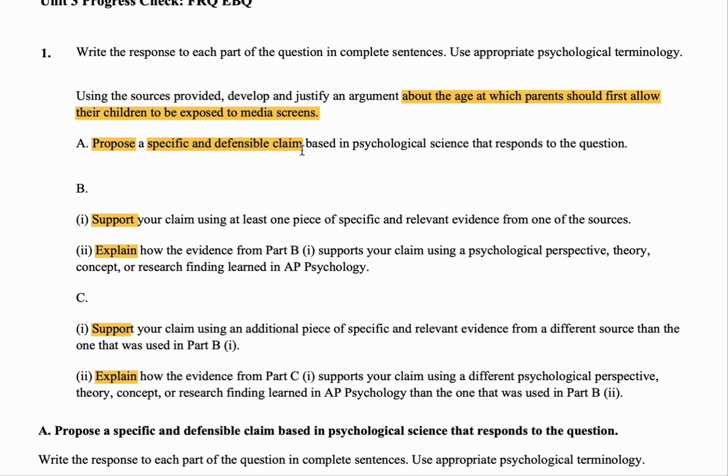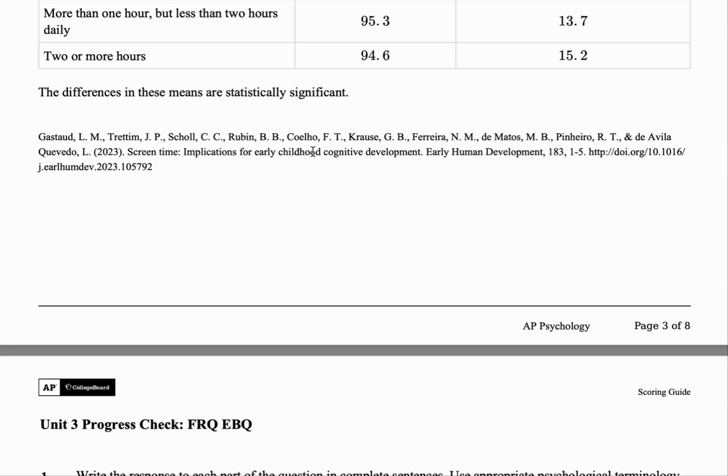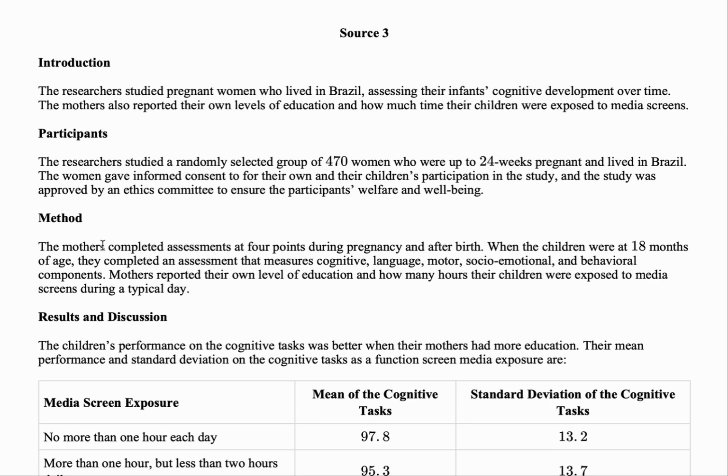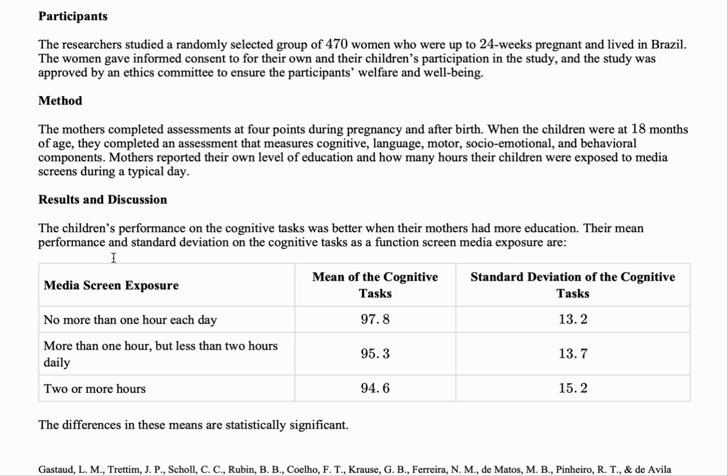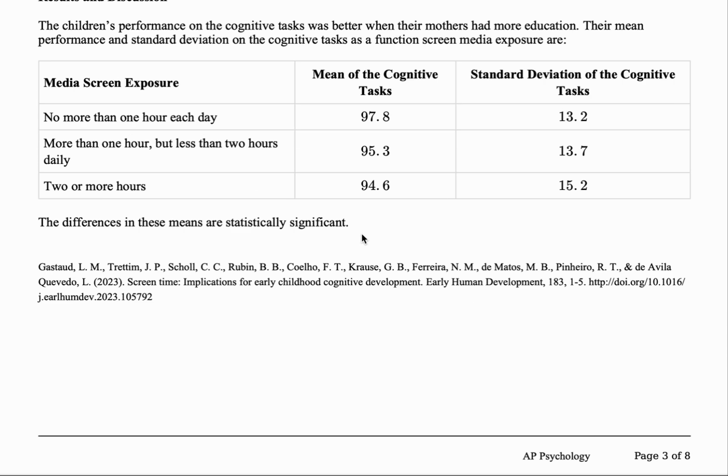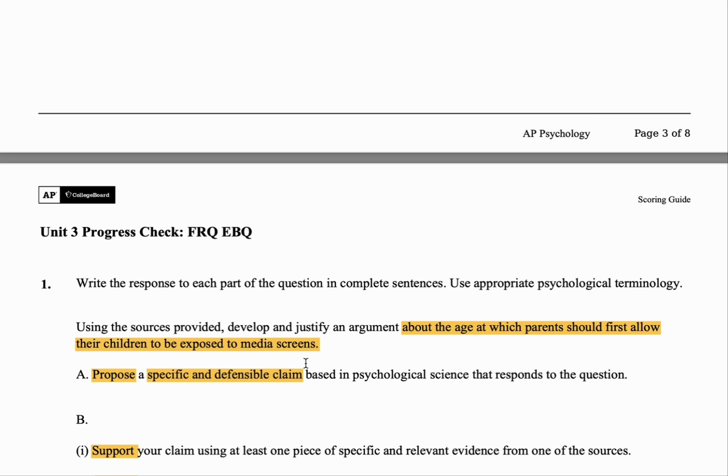This opinion has to be connected to the things that we're reading here, but you cannot copy and paste. You cannot use the results or the summary of the research as the claim because it's already stated in the research.